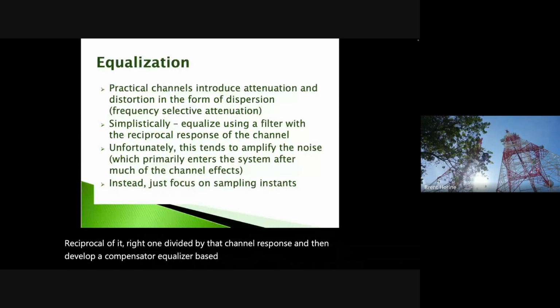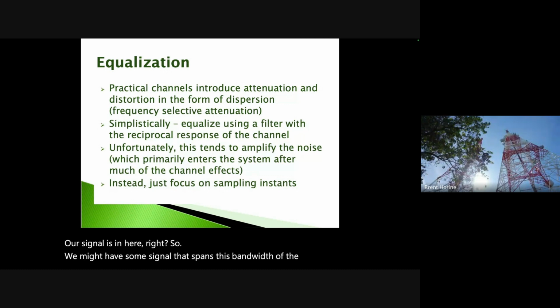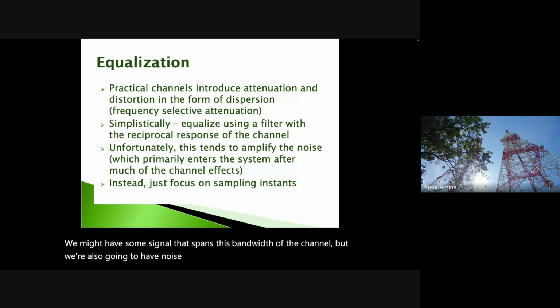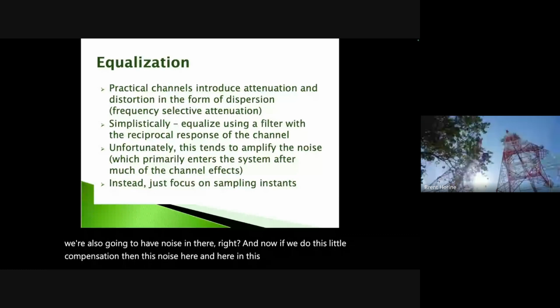Now, what's the problem with that? I say simplistically, so it kind of begs that there's a problem. Our signal is in here, so we might have some signal that spans this bandwidth of the channel, but we're also going to have noise in there. If we do this compensation, then this noise, in this trivial example, is actually going to get boosted.